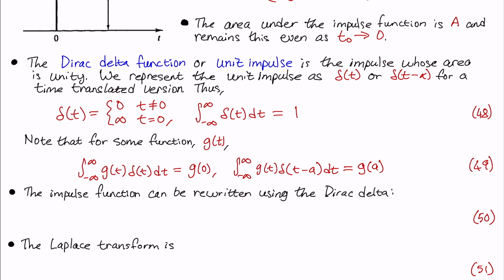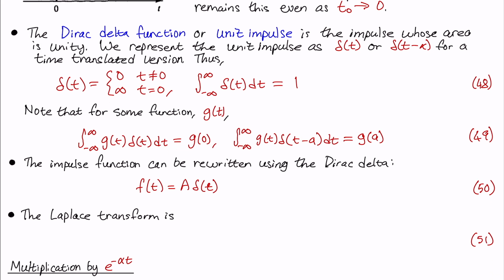So then our impulse function can be written in terms of our Dirac delta. We can say here that f of t is equal to that constant A times delta of t. And from here we can compute the Laplace transform.